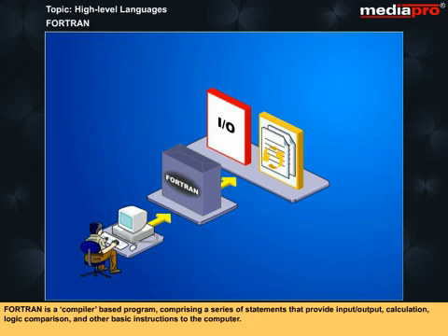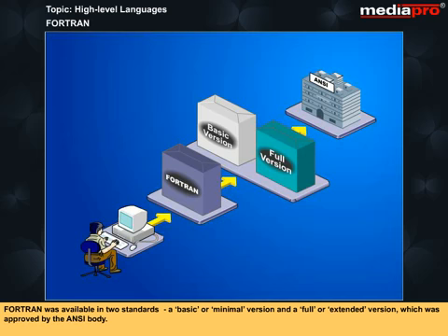FORTRAN is a compiler-based program comprising a series of statements that provide input-output, calculation, logic, comparison, and other basic instructions to the computer. FORTRAN was available in two standards, a basic or minimal version and a full or extended version, which was approved by the ANSI body.